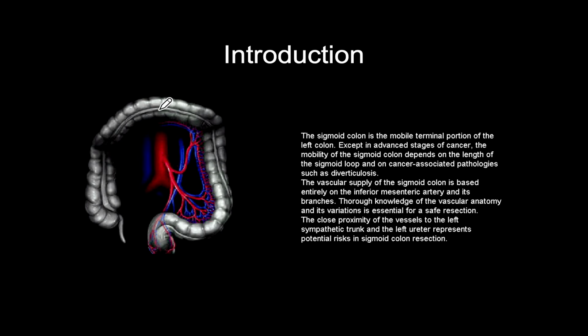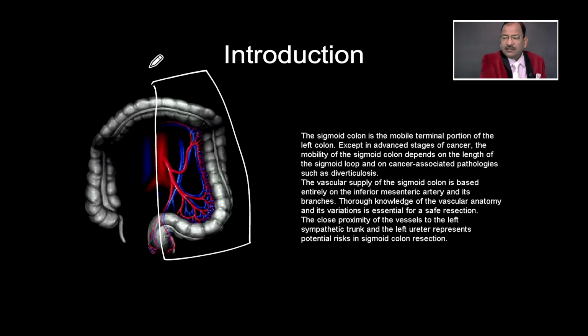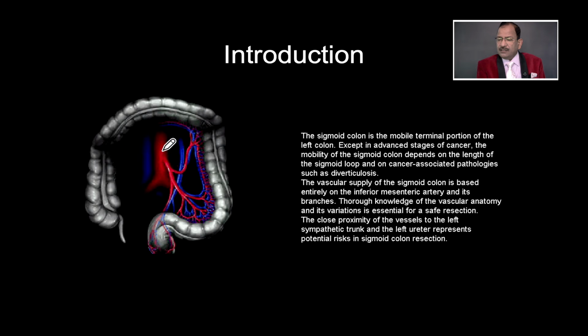Entire left side of the colon is supplied by the inferior mesenteric artery. The inferior mesenteric artery is a branch of the abdominal aorta, approximately 3 cm below the third part of the duodenum.